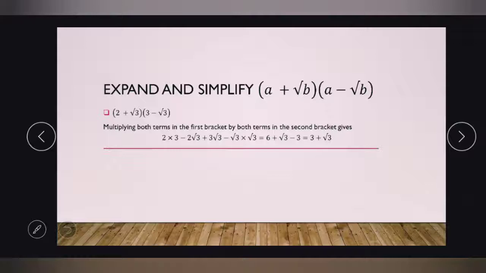This is expand and simplify in that form. In brackets, a plus the square root of b times a minus the square root of b. For example, 2 plus the square root of 3 times 3 minus the square root of 3.